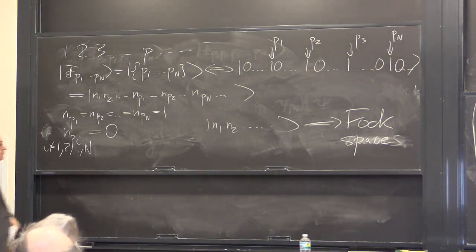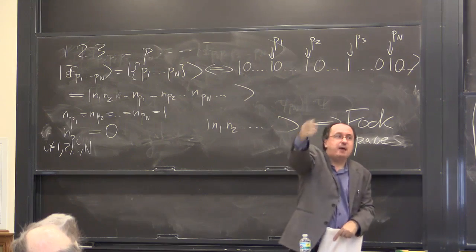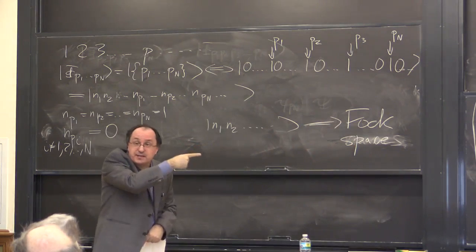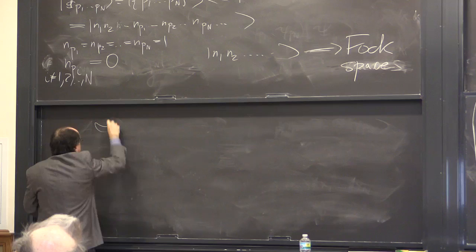Anyway, going back, that's the Fock space. That's a much larger space. So then, what is our space that we talked about before, where the number of particles was fixed, which I will call Hn?